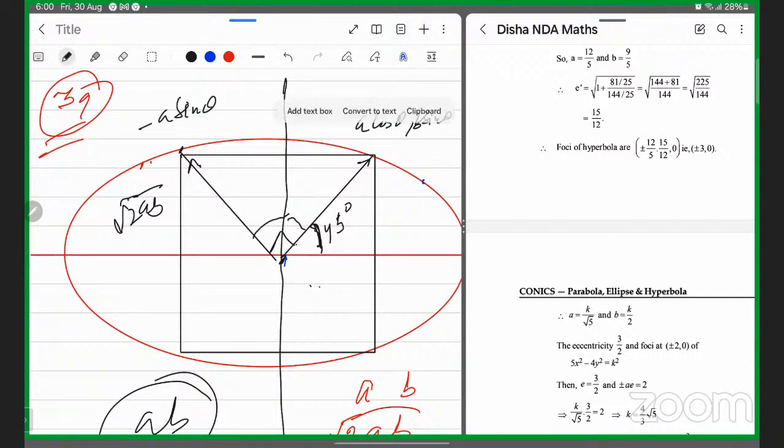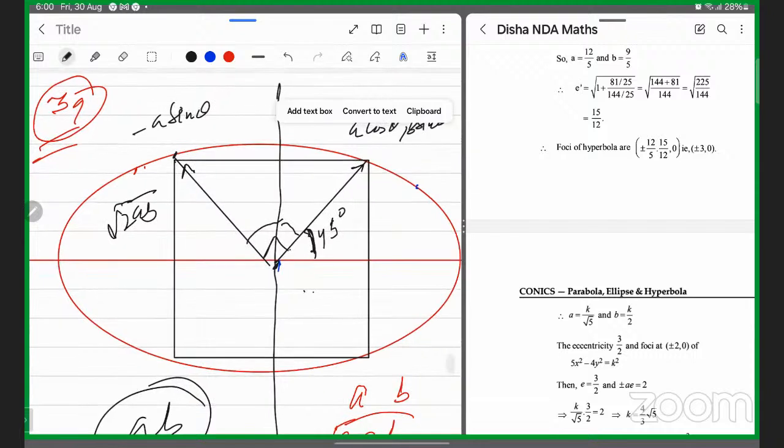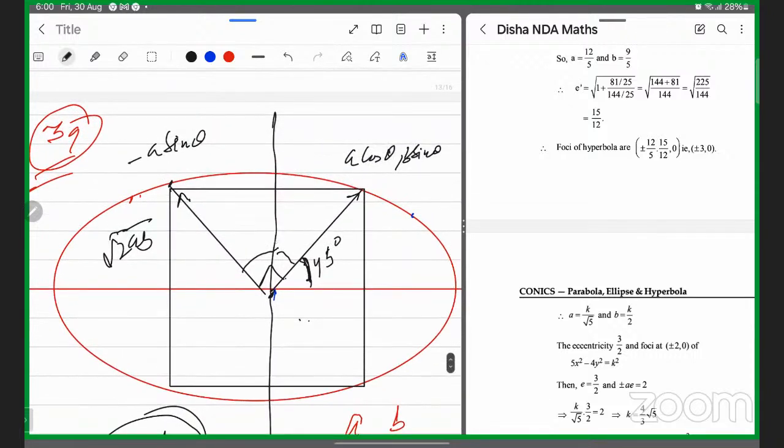After theta, even if you rotate by 90 degree, you will reach the other vertex. So cos of pi by 2 plus theta is minus sin theta. So minus A sin theta, here B cos theta. Understood?